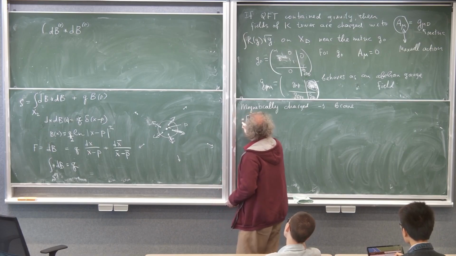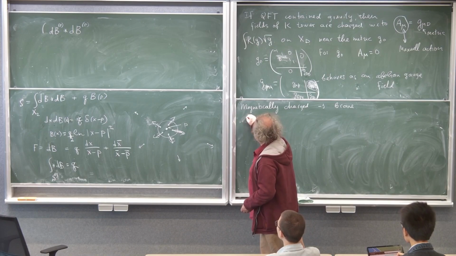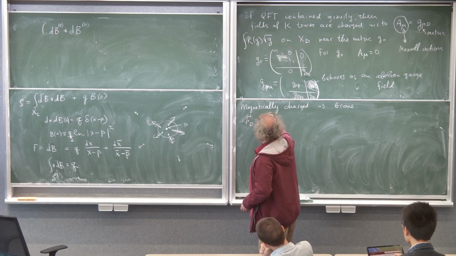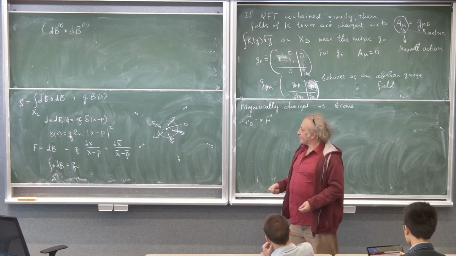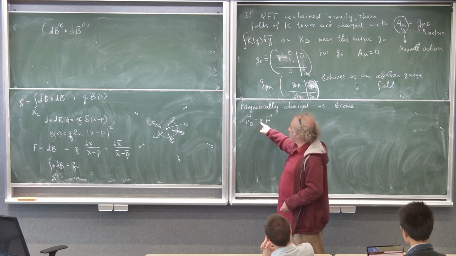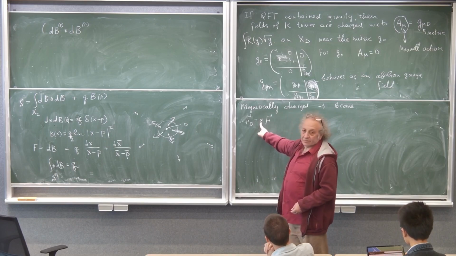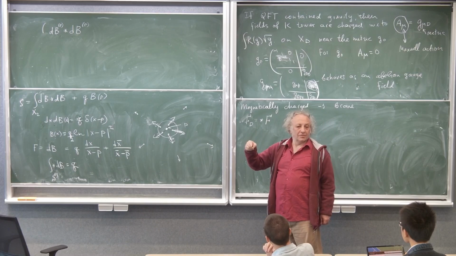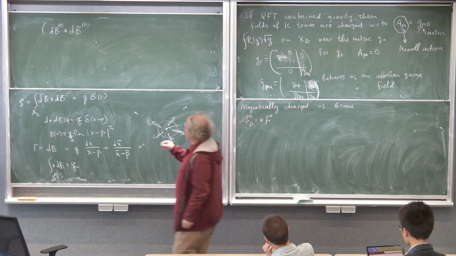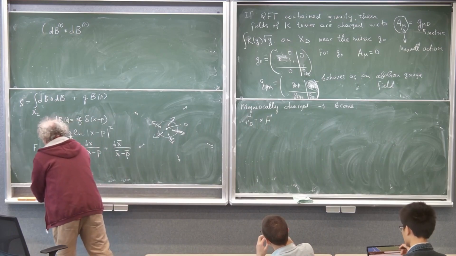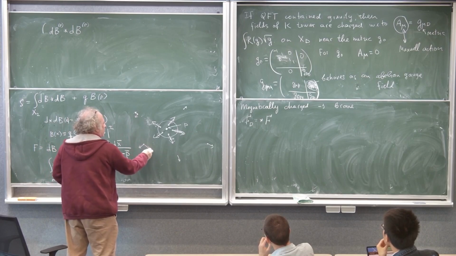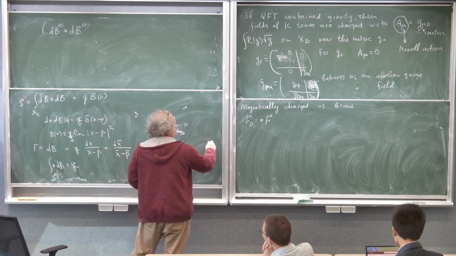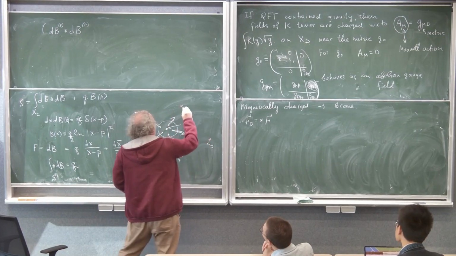So I would like to replace F. I would like to say that F dual is star of F. So what does it mean to take a star? To take a star means to make a rotation. Here I have color chalk.